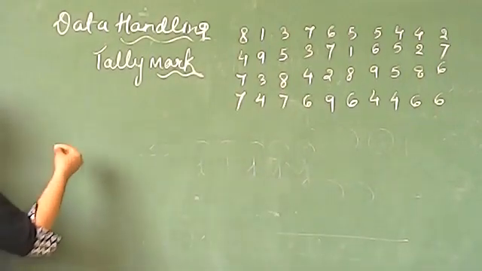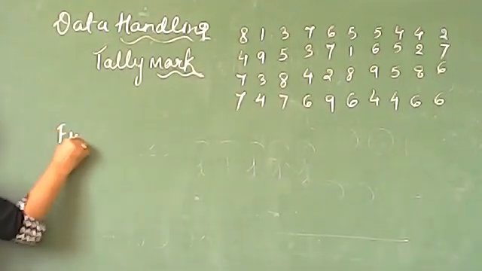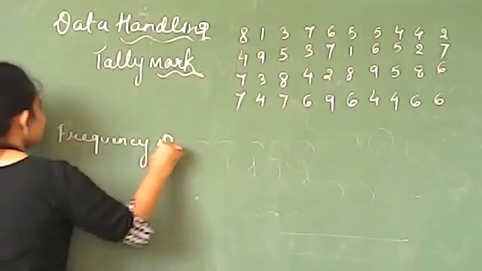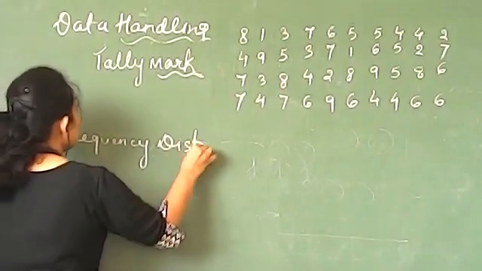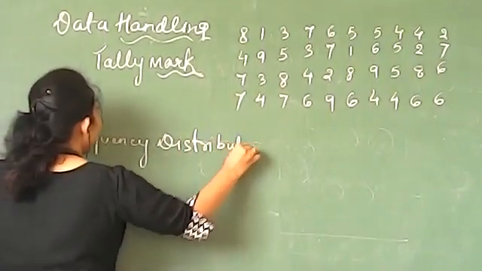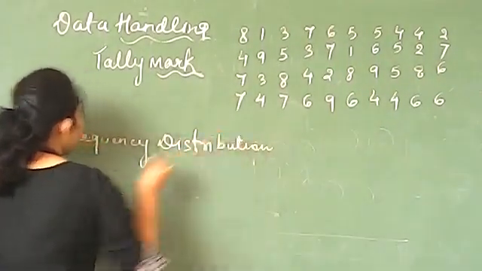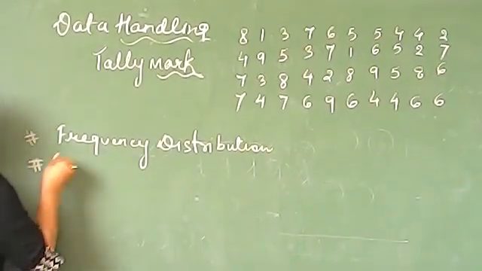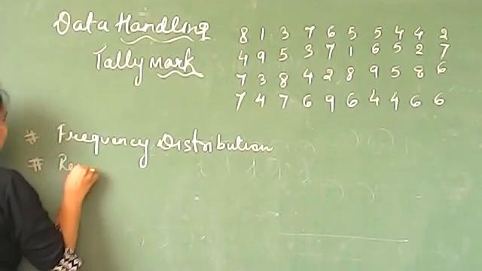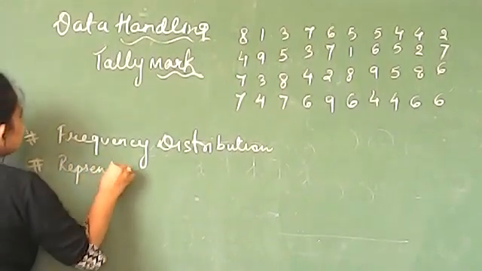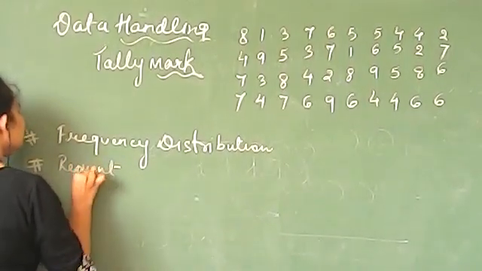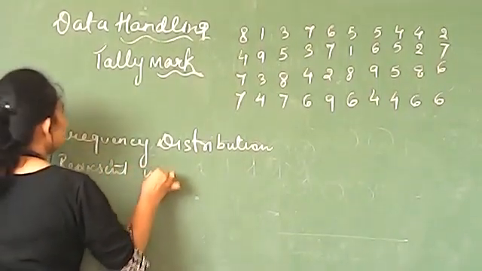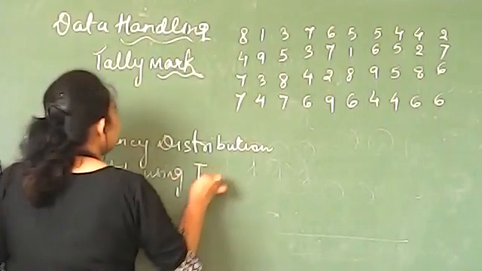If you have questions, write it down like this: frequency distribution, or represent using telemarks.